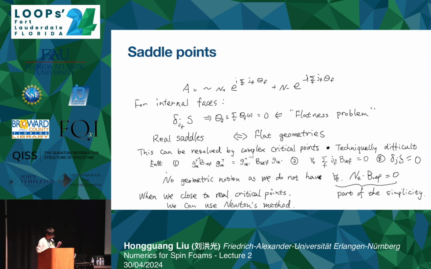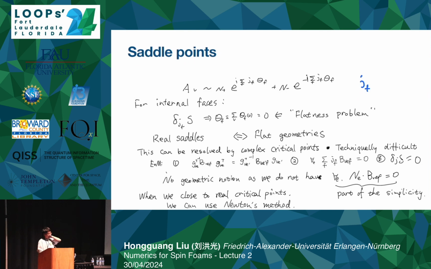But there is one more thing. It's only for a single vertex; we didn't talk about the internal faces. If we have a very large triangulation with many vertices, we have internal faces. Remember, for the internal faces, j is also a variable, so spin is also a variable. And then we also need to apply a variational principle to the spins.